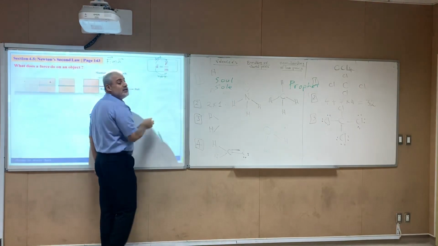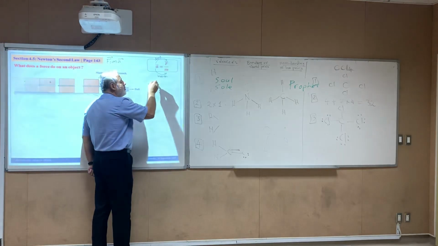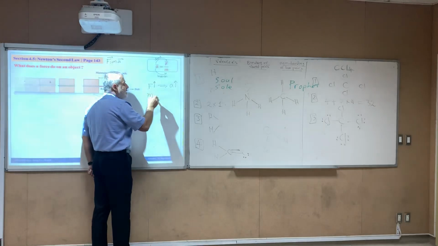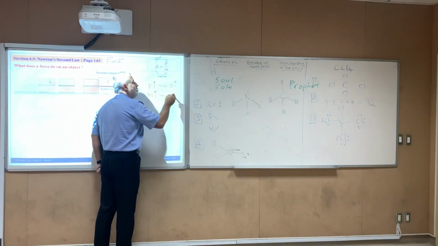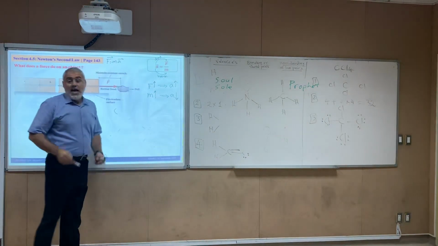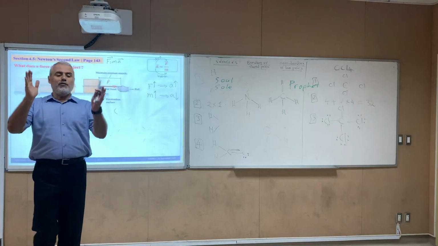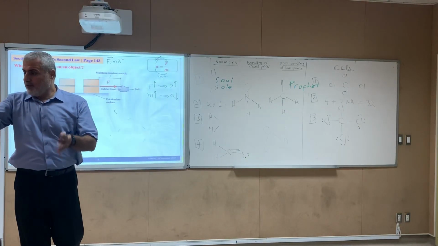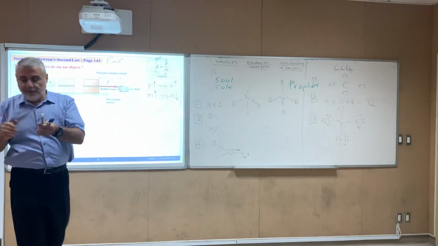What does this mean? It means if the force increases, the acceleration increases. And if the mass increases, the acceleration decreases. And you should know the direction of the force and the acceleration are the same. If you apply a force, there will be an acceleration in the same direction as the force.